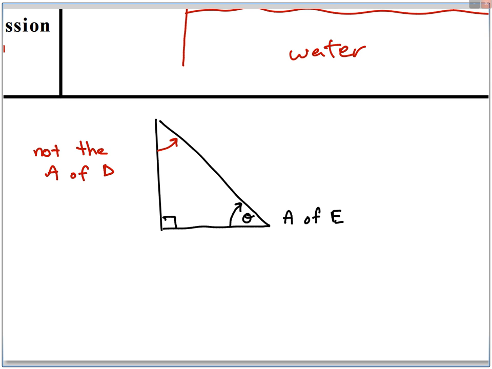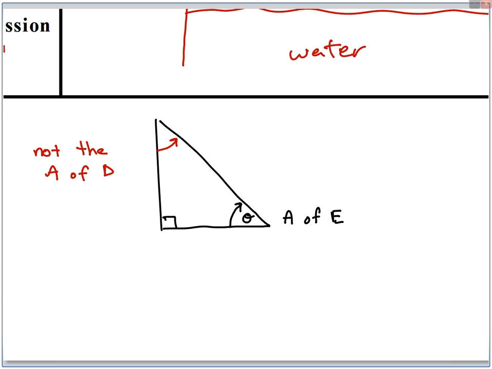On a test, I'll give you zero picture, just words. It will say the angle of depression is blah, the side is blah, and then you have to draw the picture. If you don't know what an angle of depression is, you have no chance on the problem. And you sit there and you're upset because you don't remember. These two things you absolutely need to know. If they ever give you the angle of depression, all you need to do is draw the angle of elevation, because they're identical.